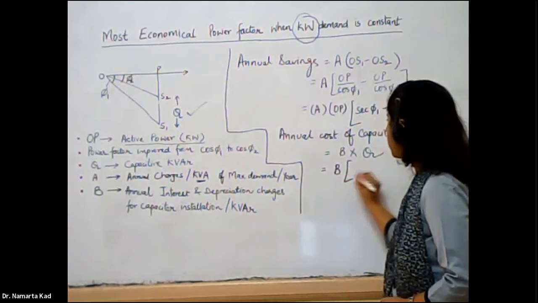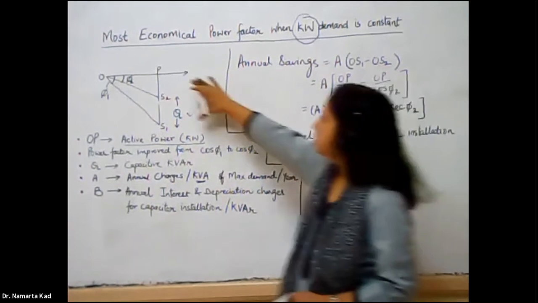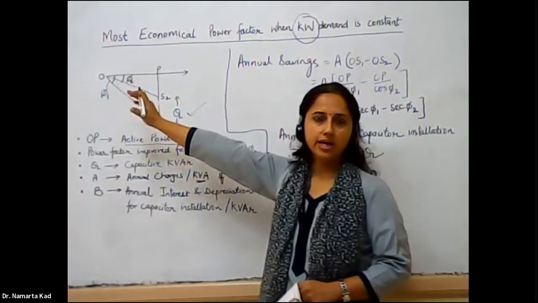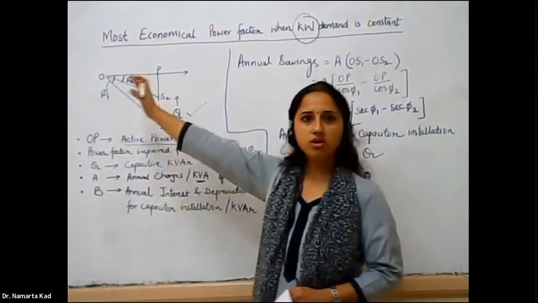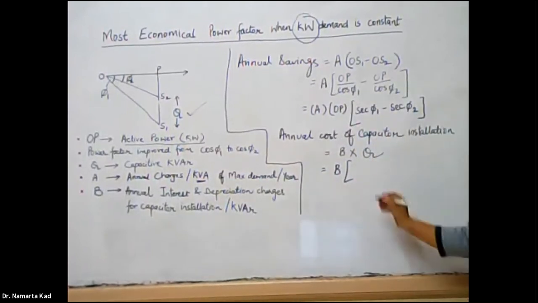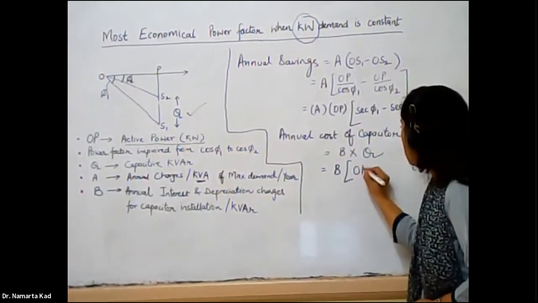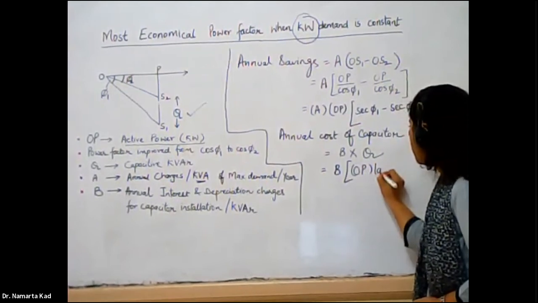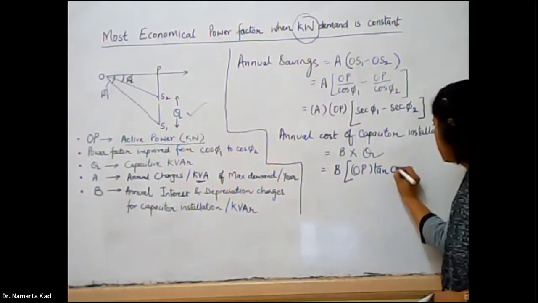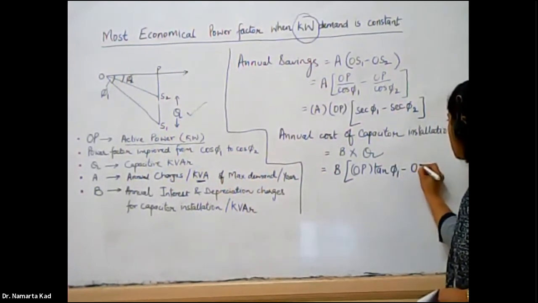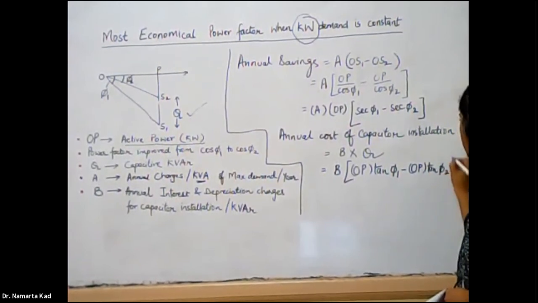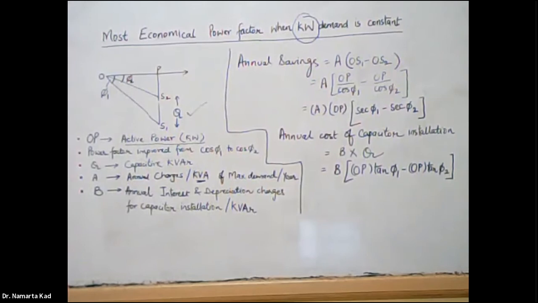B. Now what is Q? Just see, we know that the perpendicular upon base is tan theta. So we are using the same relation for that. So here it can be written as OP tan of phi 1 minus OP tan of phi 2, like this.